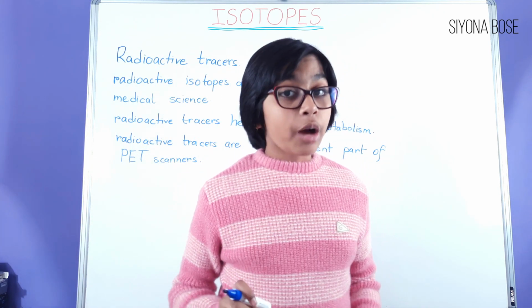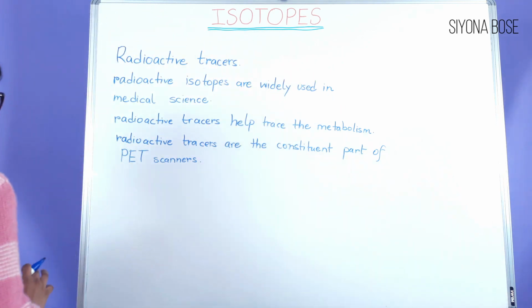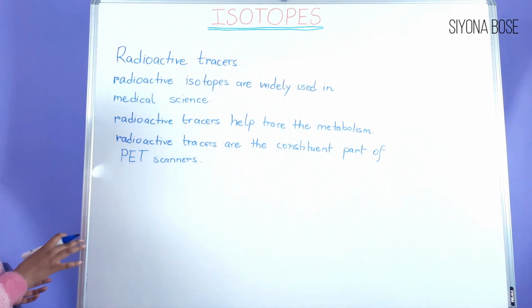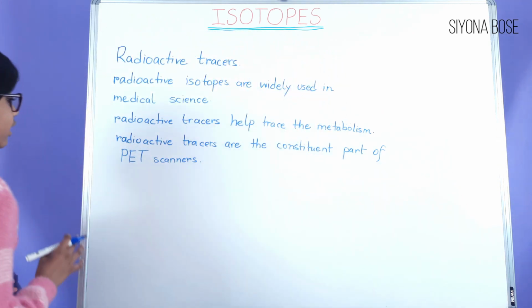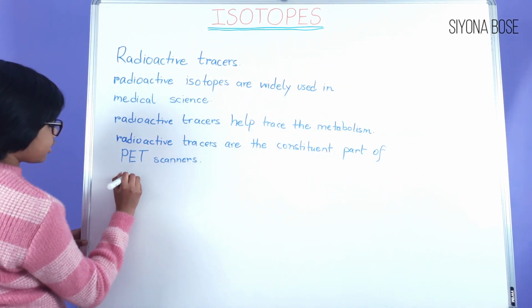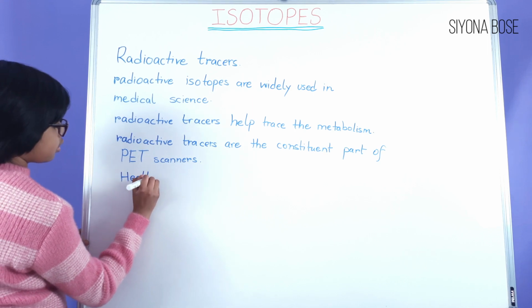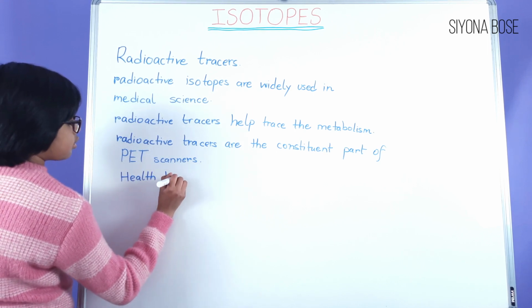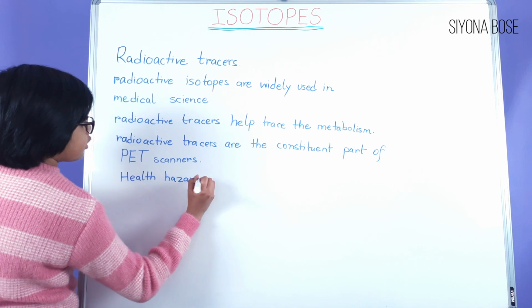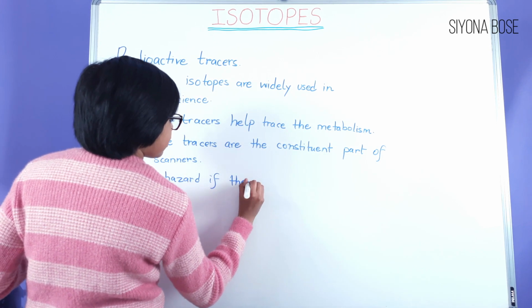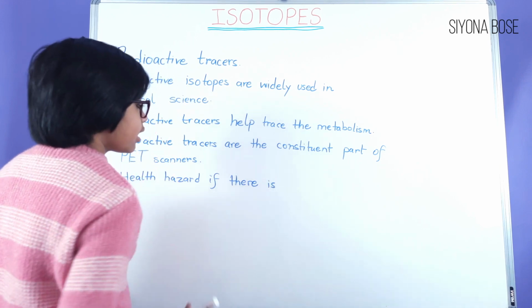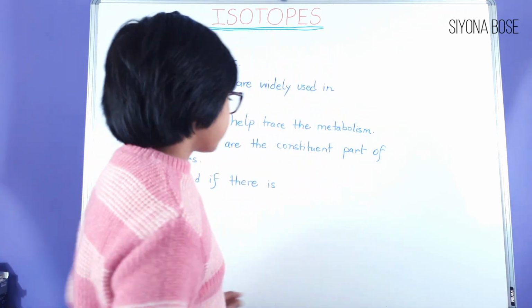Now, the drawbacks of radioactive isotopes and radioactive tracers. The drawback is that it's a health hazard if there is excessive exposure.